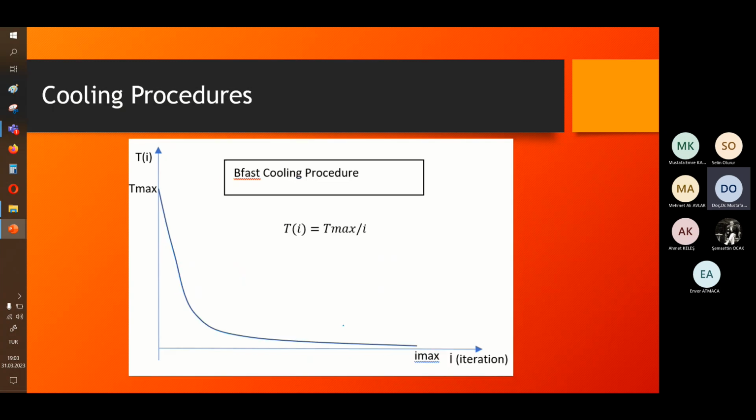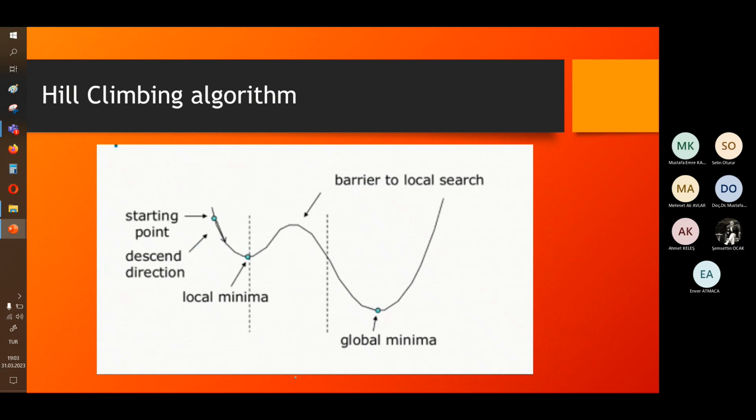So imagine, let me show it in here. That is the cooling procedure. Imagine that we heat it up, and then when we cool it down, the algorithm gets trapped in here. So when we heat it up again and cool it down, during that heating up, it may climb up and reach here, and then it will go and find the global minimum.